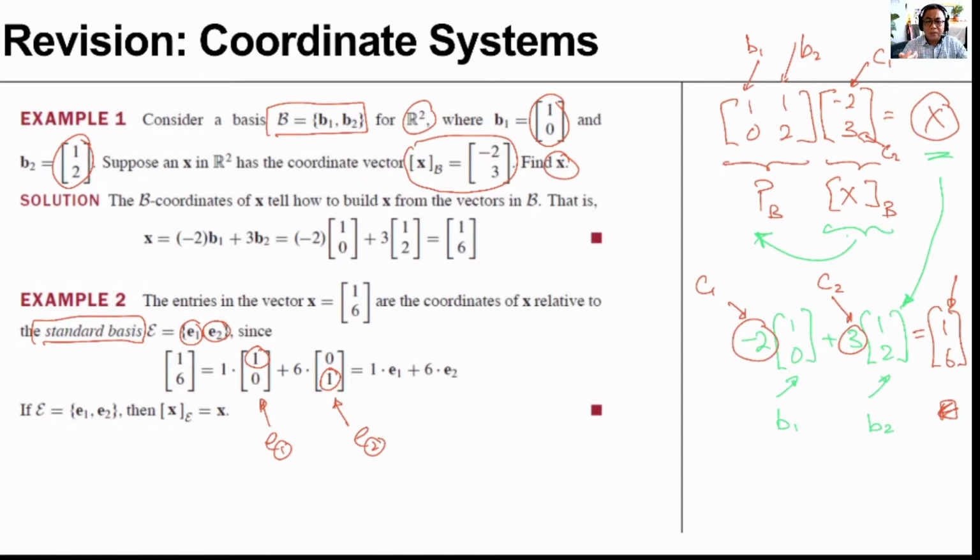They are orthogonal to each other. They are the simplest basis that we typically deal with, and therefore (1, 6) is with respect to the standard basis, because you can think of this as the first element 1 multiplied by E1, the second element 6 multiplied by E2, and we will get (1, 6).